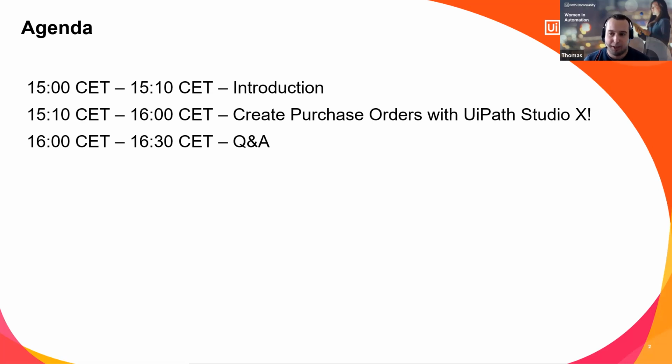What we're going to do today, I'm not going to share 100 slides. I'm going to build a robot, and I'm inviting you to build this robot together with me with UiPath StudioX. In 1 hour, you will have a working robot, and the bot that we are going to create today is a robot that is going to add purchase orders. So it's going to create purchase orders in a web system.